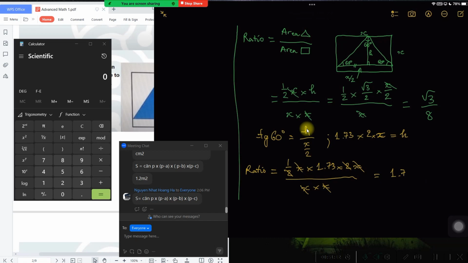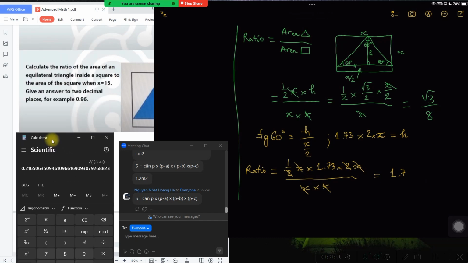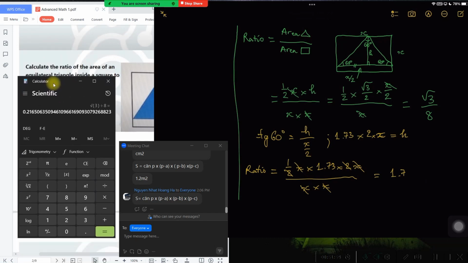I think square root of 3 divided by this one is going to be almost, maybe I make a mistake somewhere. Cái câu này hơi kỳ kỳ, right? Một bảy ba chia 8 nó ra được 0.20 mấy. But it doesn't look right. Something doesn't look right. Cái ratio ra 1.7 nó mới đúng nha, khoảng vậy đó. I think the ratio is about 1.7 something.